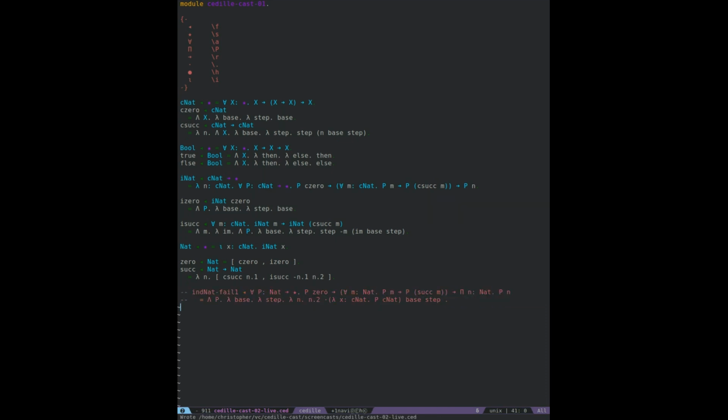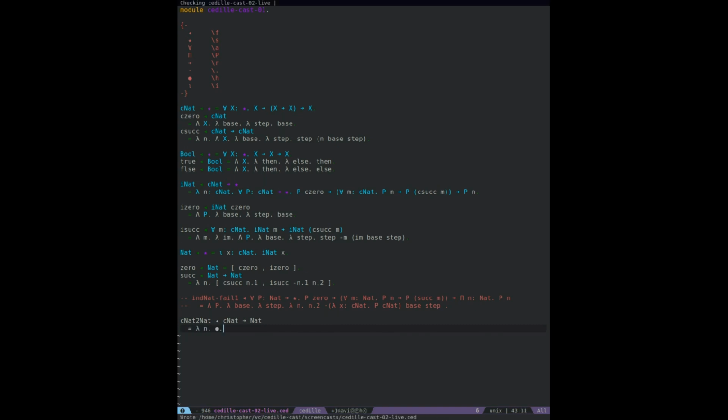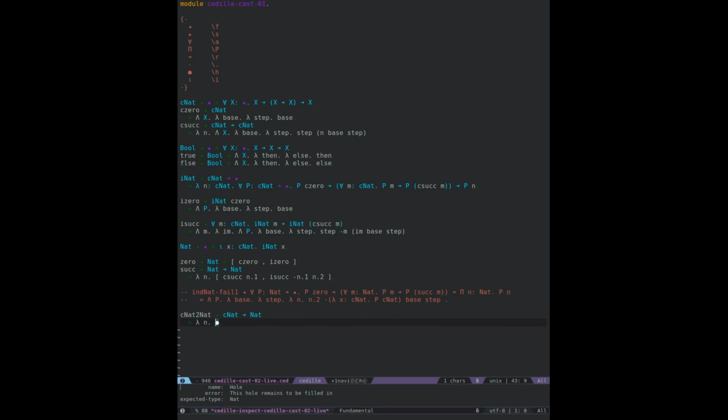So we'll comment this out for now. And we'll write a conversion function, cnat to nat, which says, give me a cnat, and I'll produce a nat. What does this term look like? Well, perhaps not surprisingly, we can compute this simply directly from iteration.